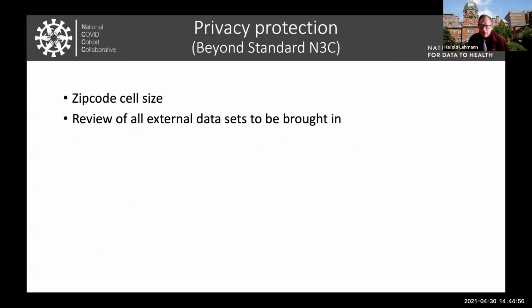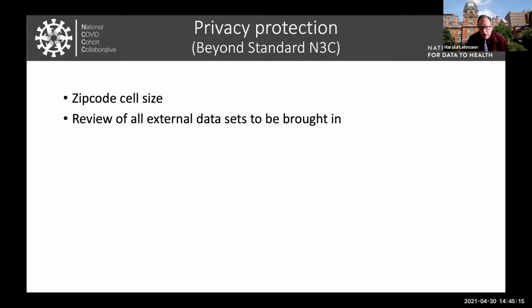Zip code, we have the issue of the cell size. We can't report on any zip code that has fewer than 20 patients, 20 people. And no surprise, there are relatively few zip codes that account for the large proportion of people.